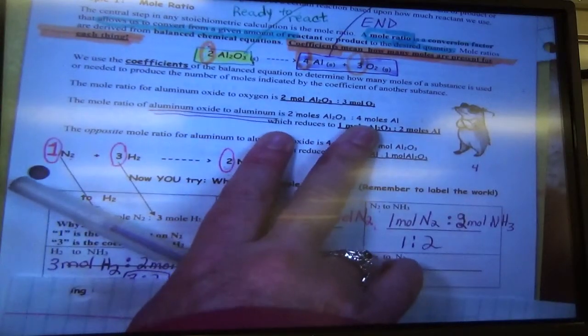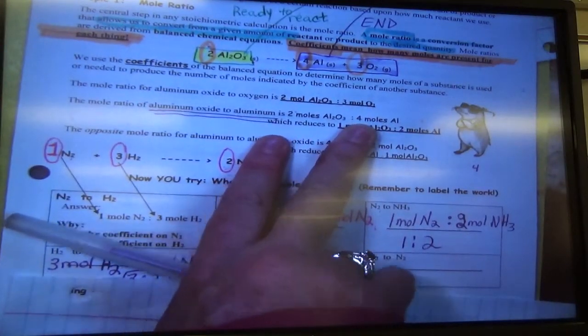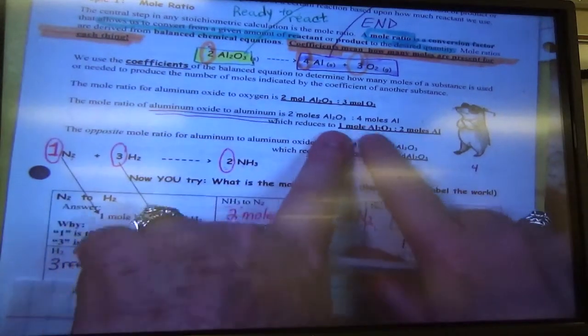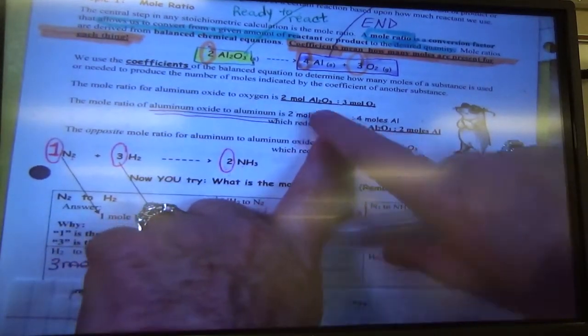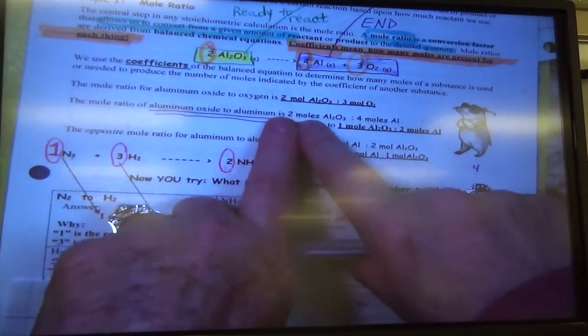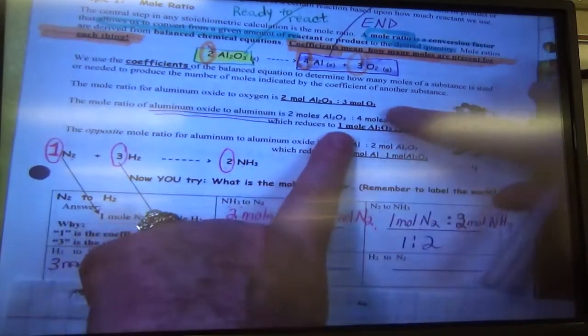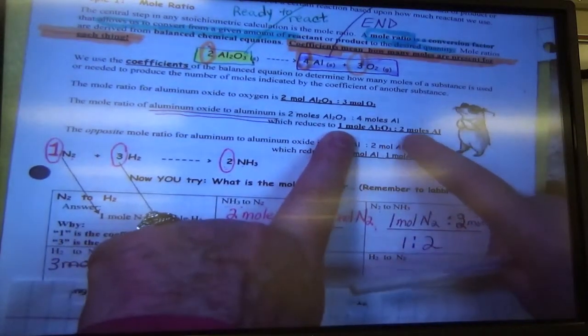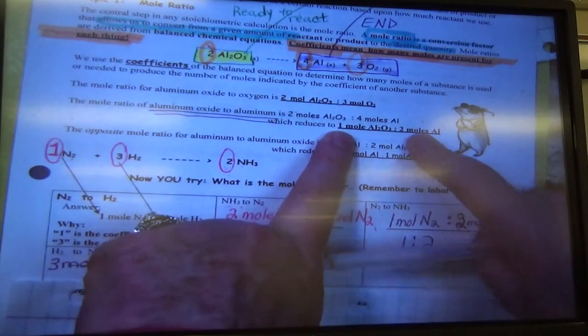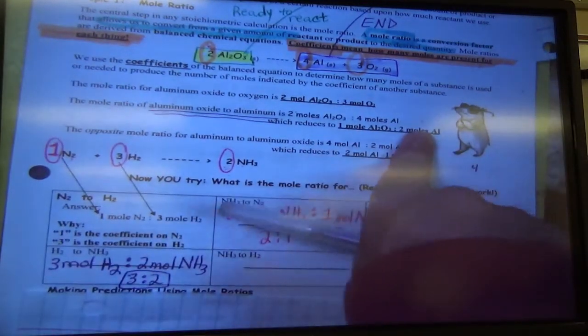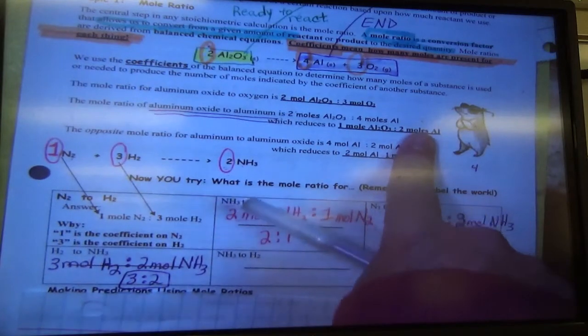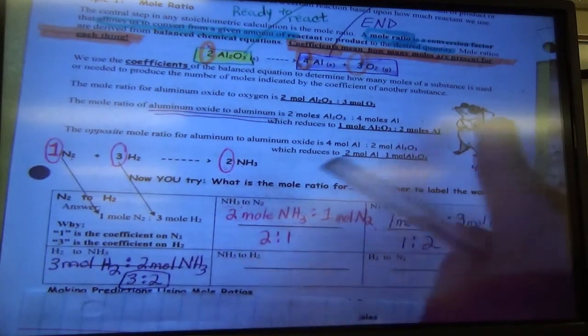We can divide by 2, can't we? So notice it shows it reduced, 1 to 2. Because if you divide both of them by 2, 2 divided by 2 is 1, and 4 divided by 2 is 2, there it is reduced. Sometimes we reduce it. Doesn't happen very often, but it can happen. You okay with that? All right.